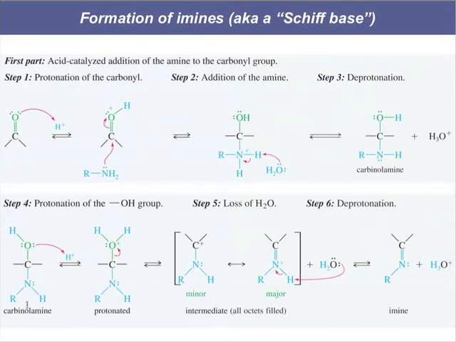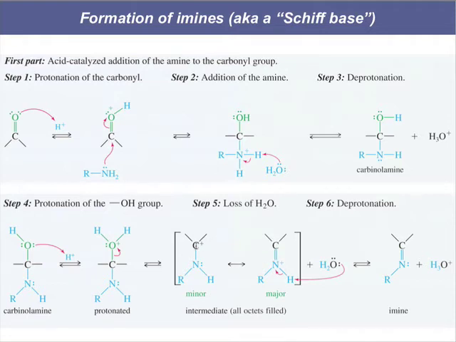From our carbinolamine, if we protonate the O again, that will get us water. That water is a good leaving group because if it falls off, we end up with a resonance stabilized carbon. That C plus that it leaves behind is resonance stabilized by the nitrogen donating its lone pair in to make a pi bond. In fact, that's the major resonance contributor.